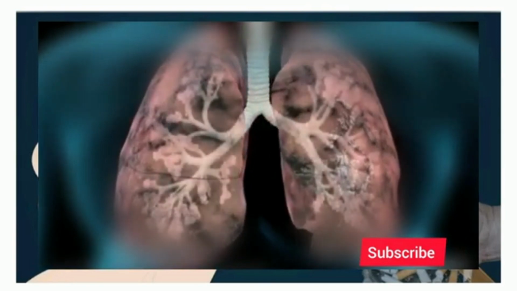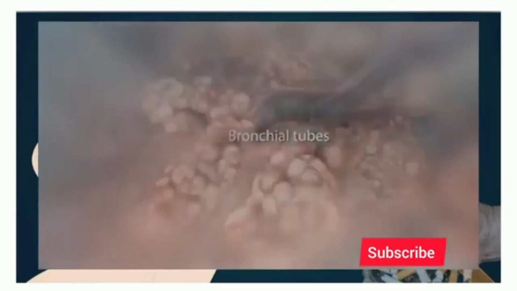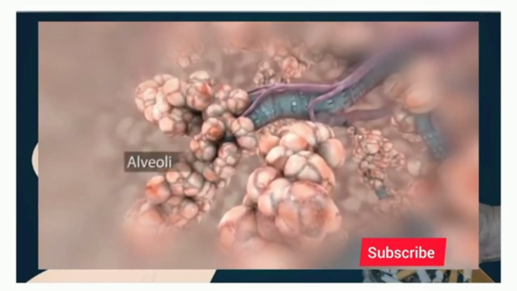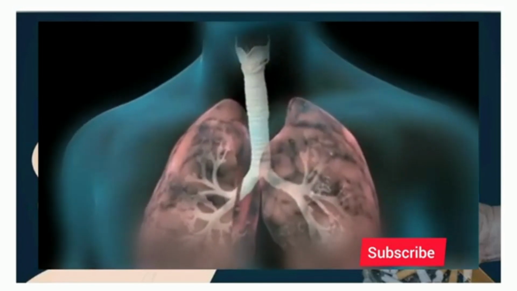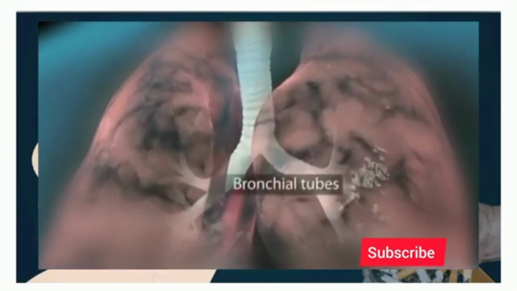Smoking damages two main parts of your lungs: your airways, also called bronchial tubes, and small air sacs called alveoli. With each breath, air travels down your windpipe, called the trachea, and enters your lungs through your bronchial tubes.